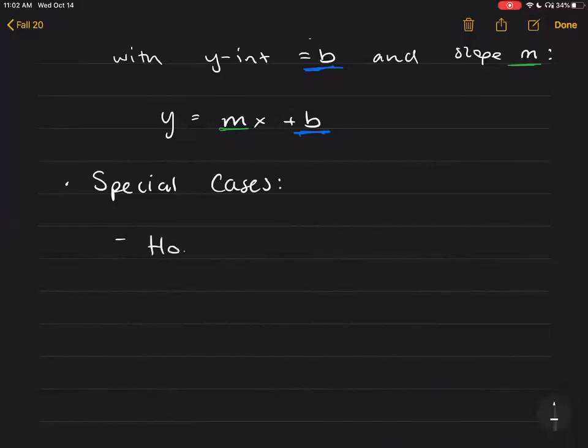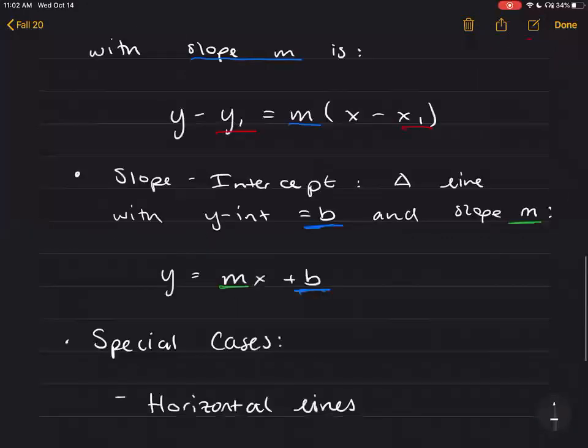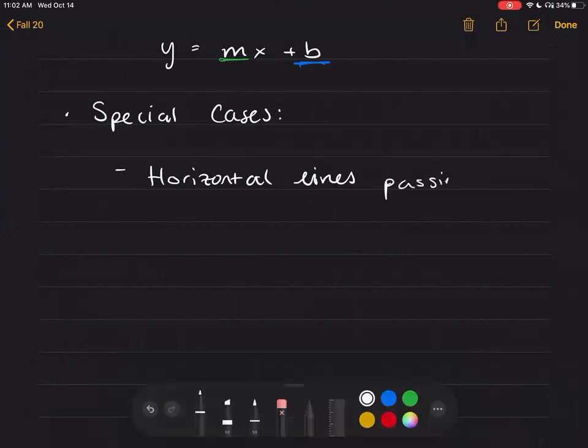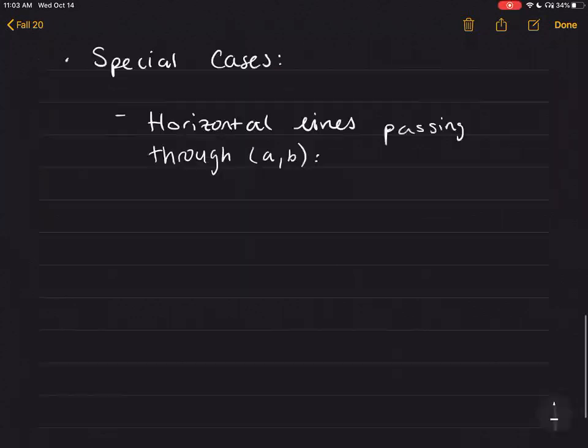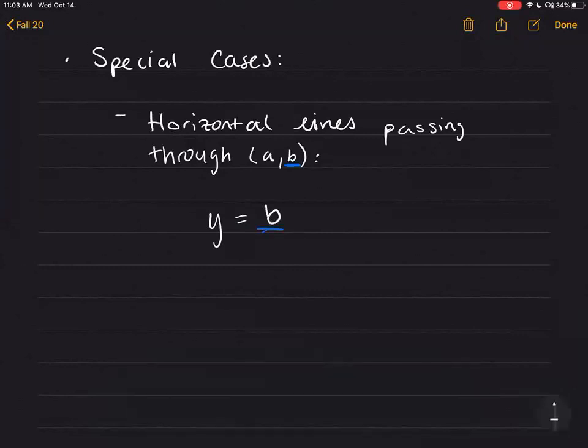For horizontal lines, their slope is 0, and you could actually get horizontal line equations by deriving it from these two up here. But for a horizontal line passing through the point, say, (a, b), the equation for that is always going to look something like y equals b, where this b, again, is the y coordinate of a point the line passes through.